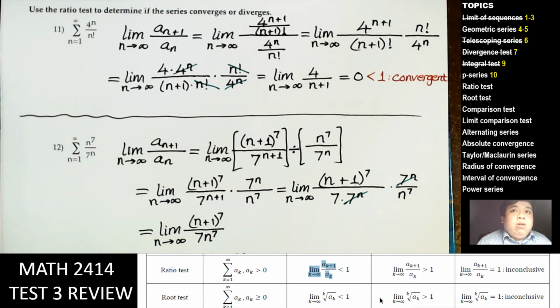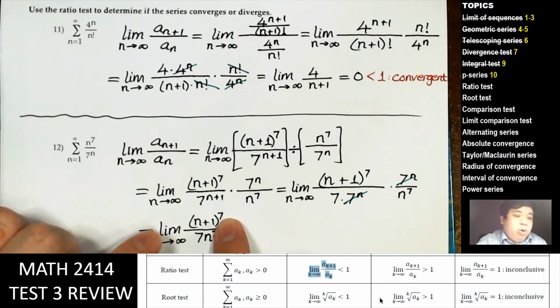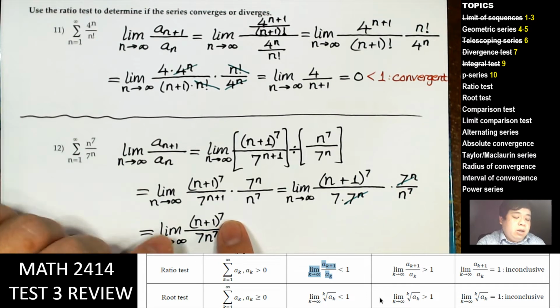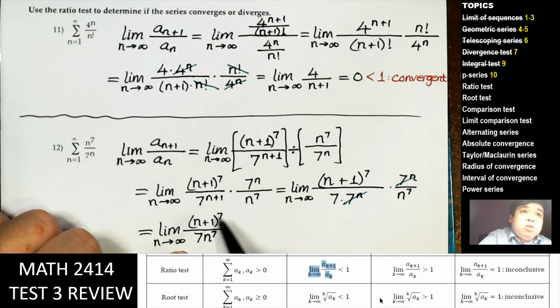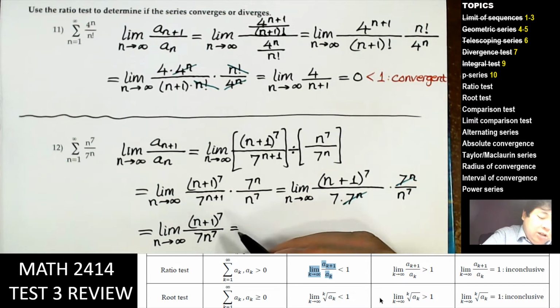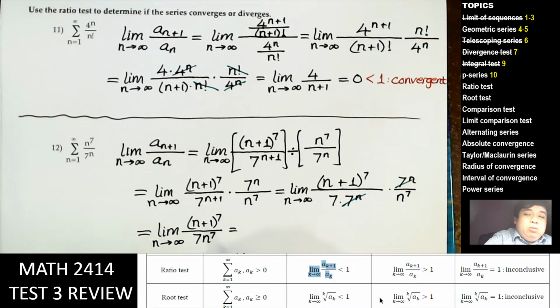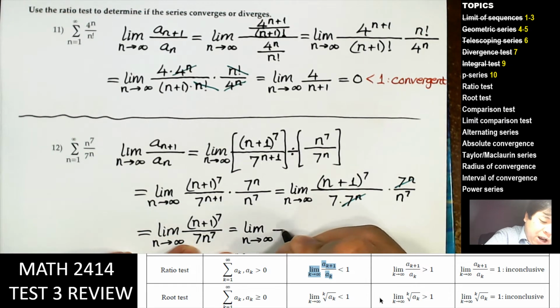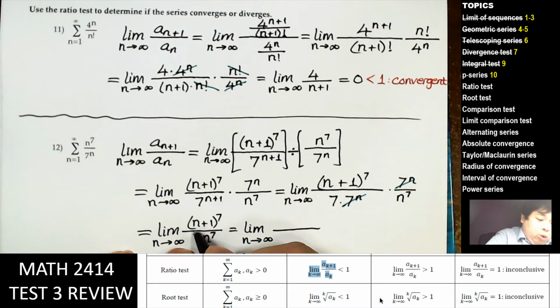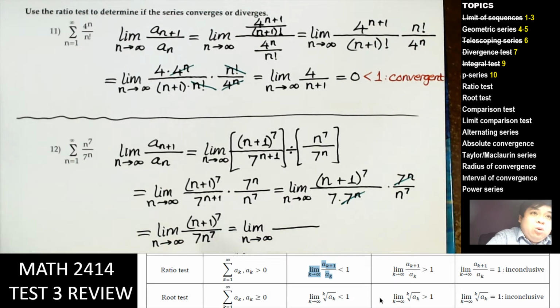Right. Now, did we refer back to the first question? We say that if it is a polynomial as n goes to infinity, only the highest power term matters. So we can just pretty much drop the plus 1 here, because if n goes to infinity, n plus 1 to the 7 power is still infinity. n will be a lot bigger than 1 when n goes to infinity.